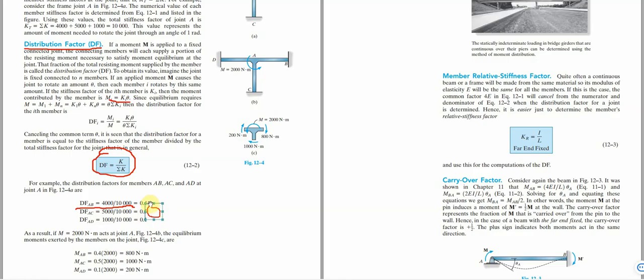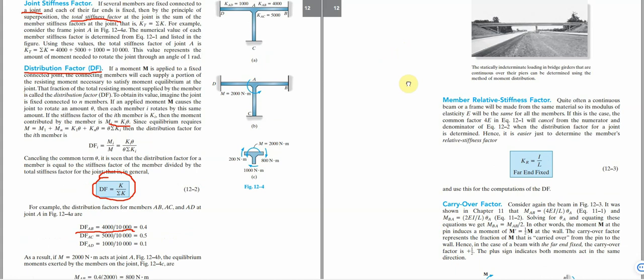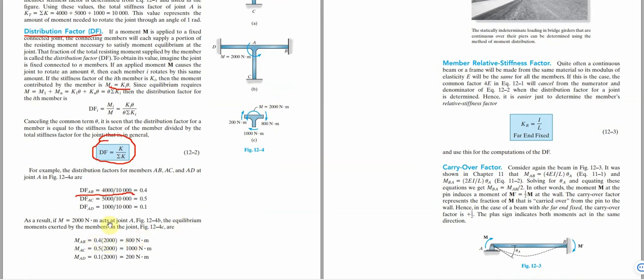For instance, for this one we have 0.4, so its own moment from A towards B is 2,000 times 0.4. That distribution factor is like taking a fraction of what moment each of them would take from the whole total moment.